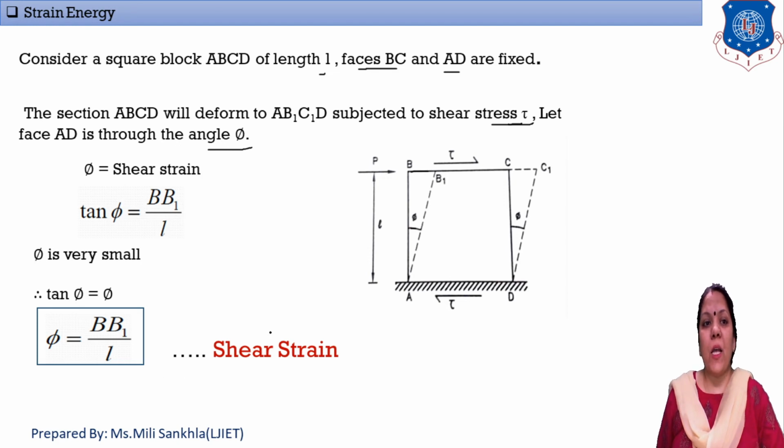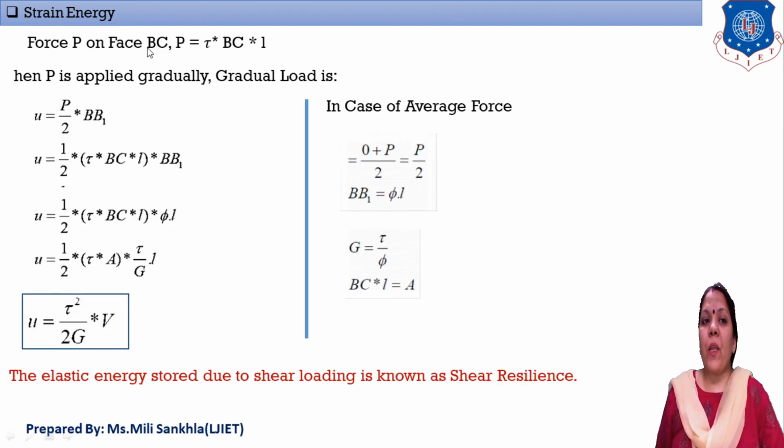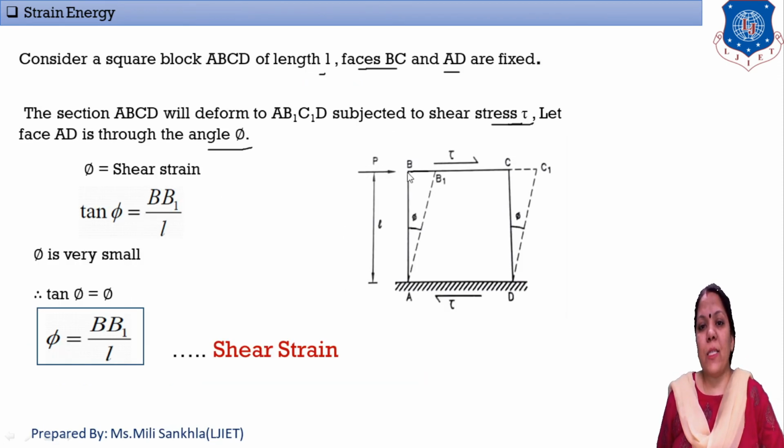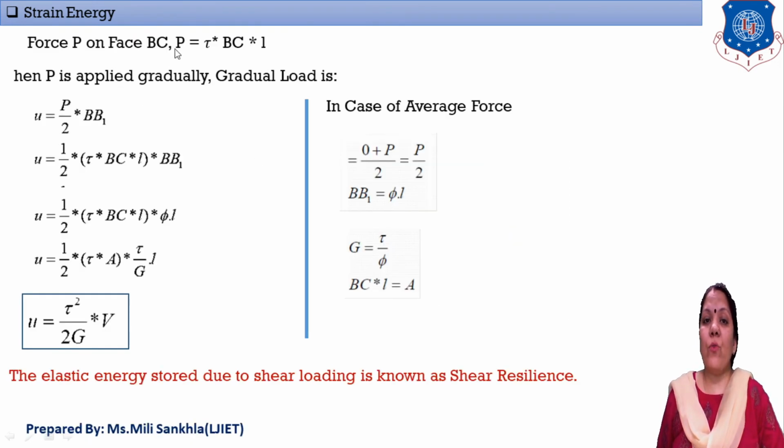First equation. Now force P acts on edge BC, and ultimately it is converted into stress. Force is equal to stress into area. Stress means shear stress, and the area of the block is BC into L. Here P is applied gradually, and a gradual load acts as an average load, as we discussed in the first derivation.